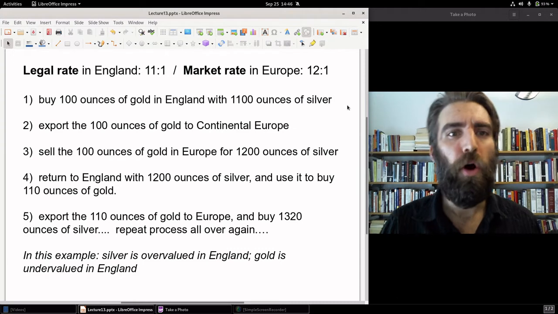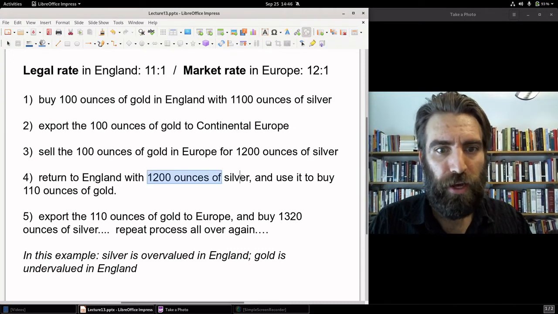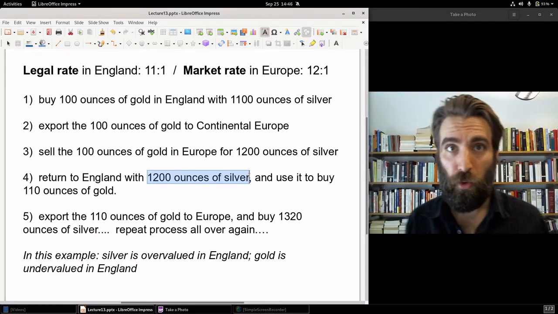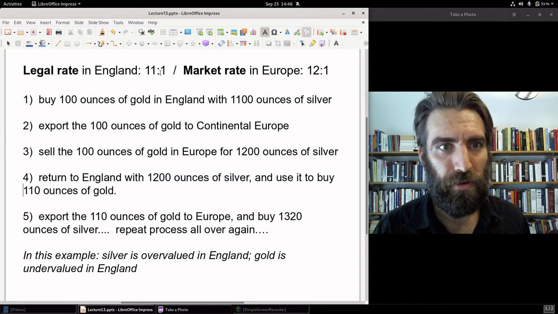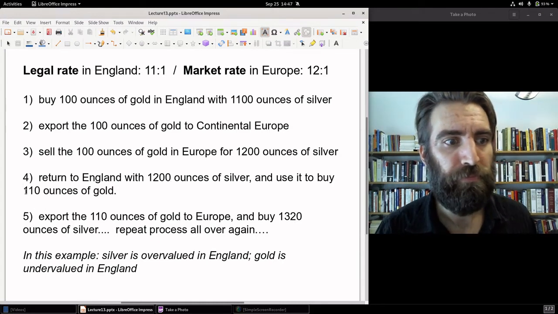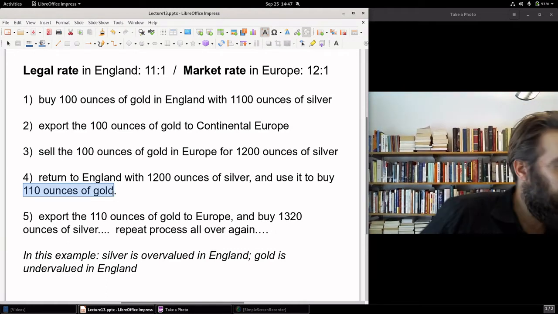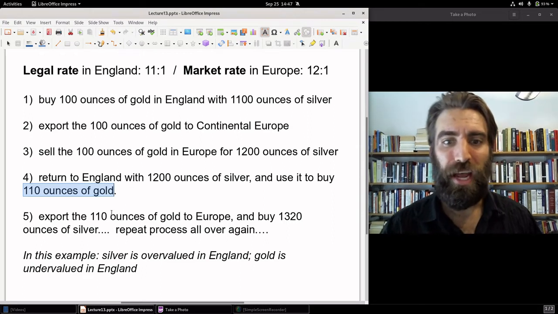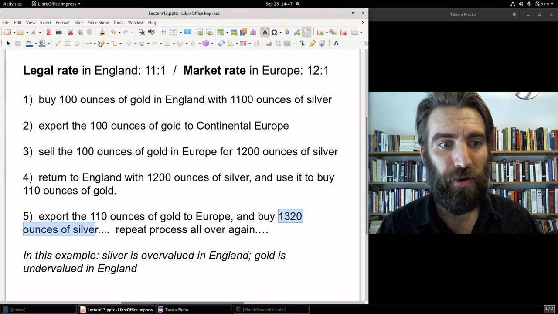Does he stop there? Oh no, he does not stop there. He then takes the 1,200 ounces of silver, returns to England, and then buys more gold. This time he's able to buy, because of the 11-to-1 ratio, and he has more silver than the first step. He buys 110 ounces of gold. The merchant now takes that 110 ounces of gold, sends it to Europe, and he's able to buy 1,320 ounces of silver.